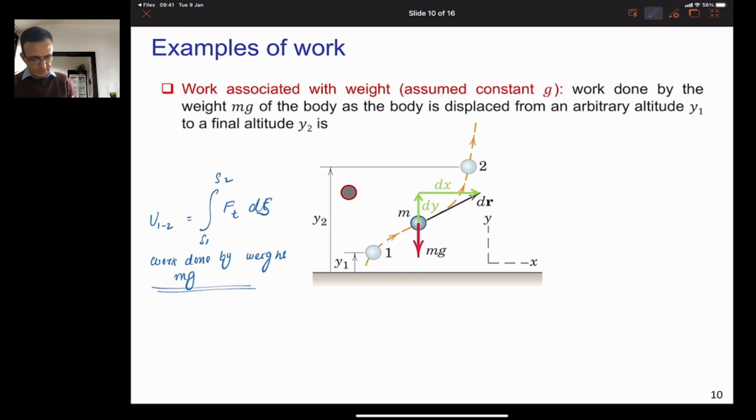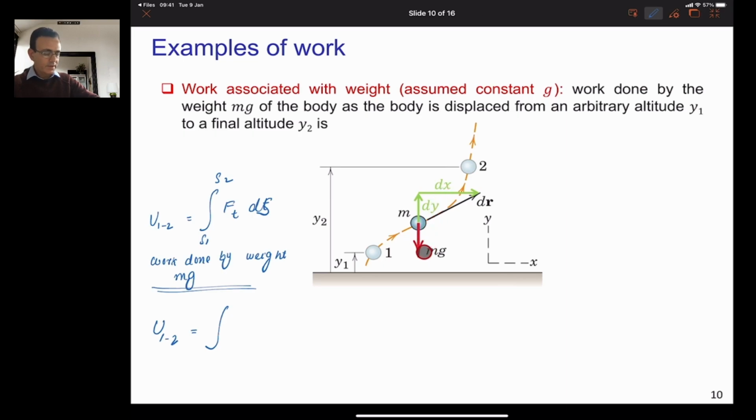So therefore, what we can write is that U12 should be equal to, so in this case, because mg is in the downward direction, and dy is in the upward direction, and dx is in the horizontal direction. So we know that for mg, the displacement in the direction of the force is dy, and dx is not in the direction of the force.